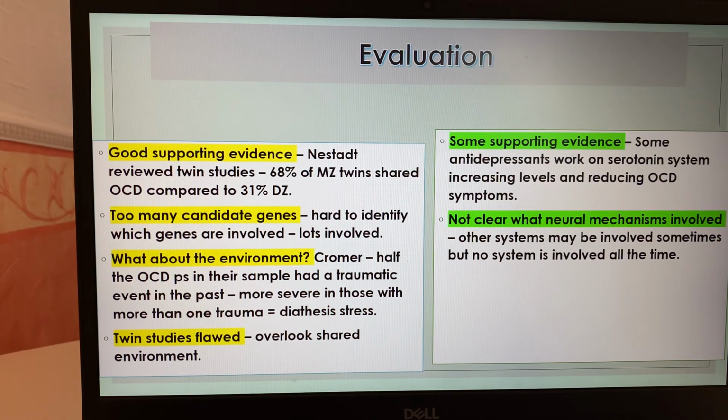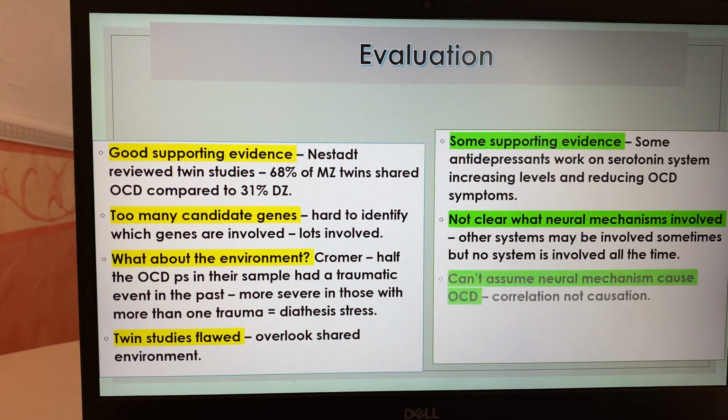So yes, we know that it's the prefrontal cortex and the parahippocampal gyrus, but like I said earlier, the basal ganglia is also involved. So some may be involved sometimes, but no system is involved all of the time. So maybe for certain types of OCD, one is involved more than the other. So a lot more research needs to be done into that area.